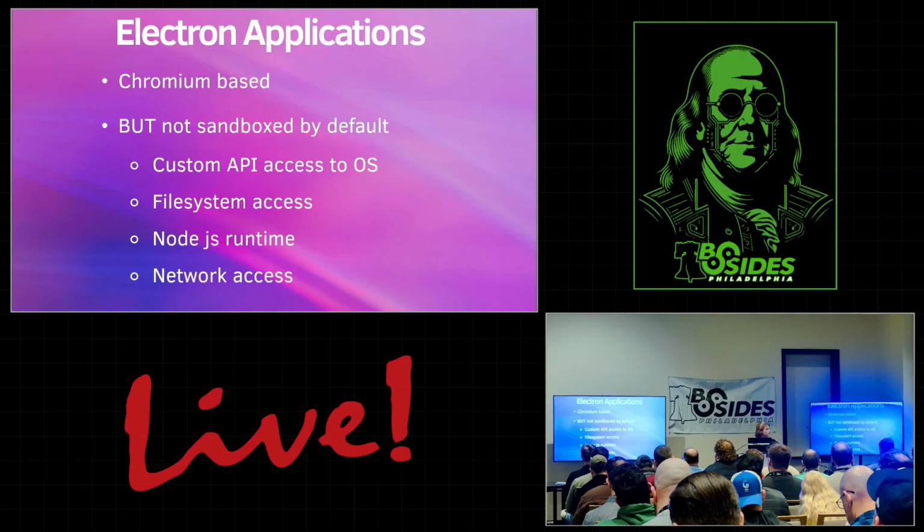These are Chromium-based applications, so think web browser, but the majority of them are not shipped with a sandbox by default. And so they allow custom API access to the operating system, full read-write file system access. A lot of them are shipped with a Node.js runtime, as well as full network access.